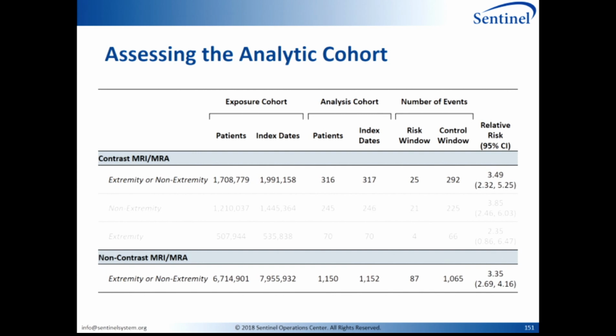And the reason for that is that in this case, we allowed people to enter the cohort multiple times as long as they satisfied all the washout, look back criteria.